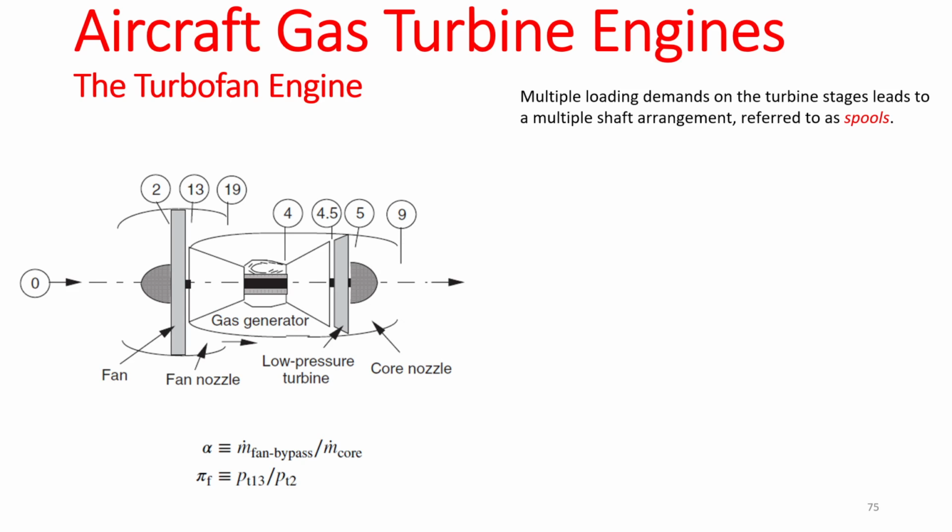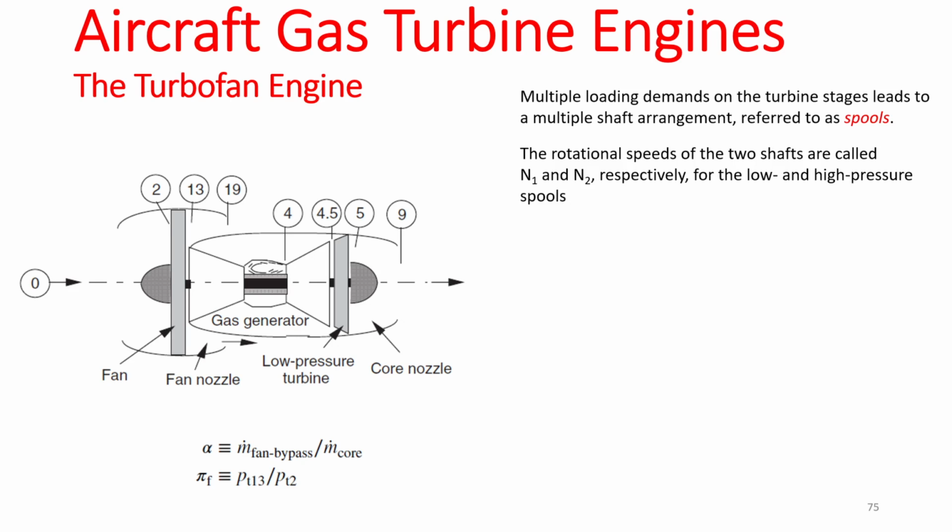But the multiple loadings, because of the presence of the fan, is going to require us to have different turbine stages, which are referred to as spools. So what it means is that we're going to have a low pressure turbine and a high pressure turbine, which means that we're going to have the same things for the compressor as well, right?